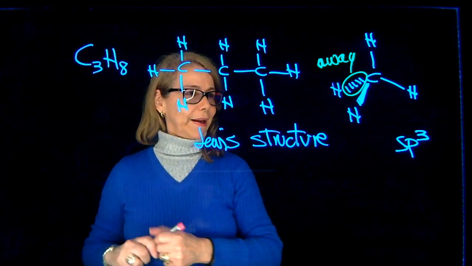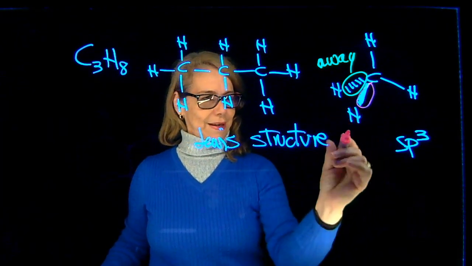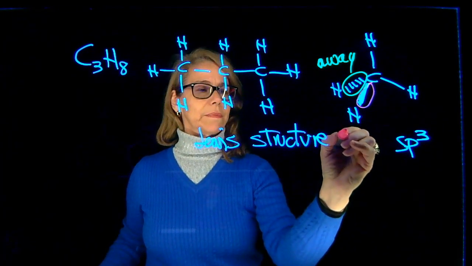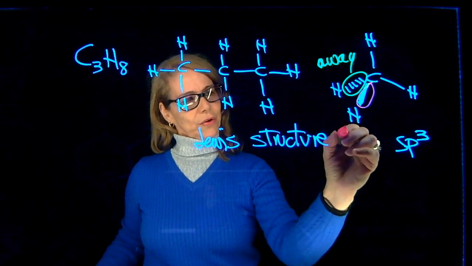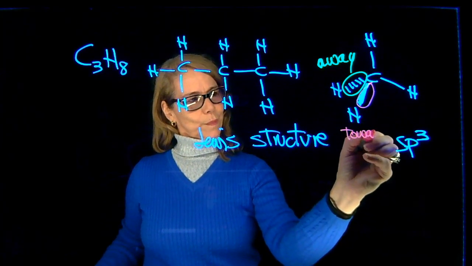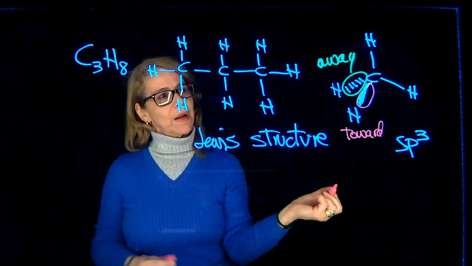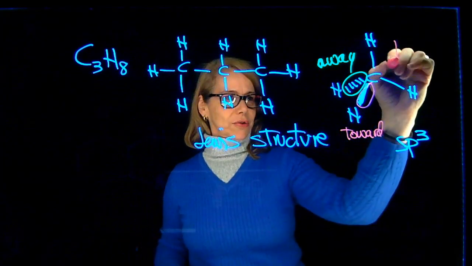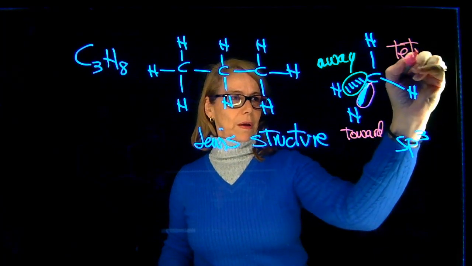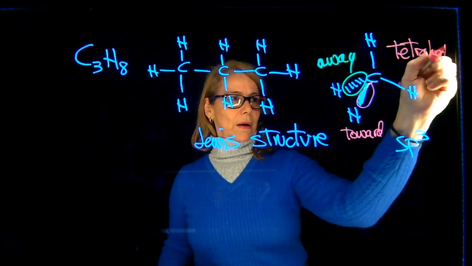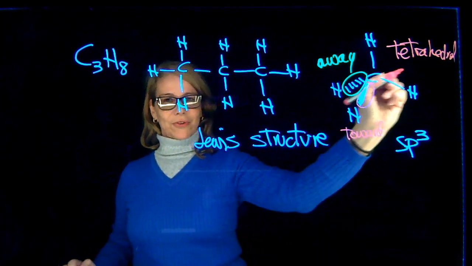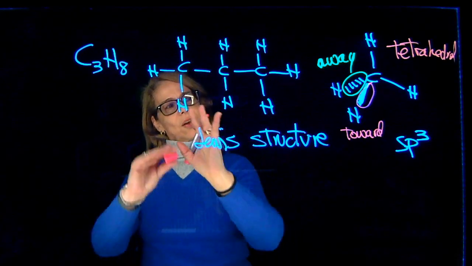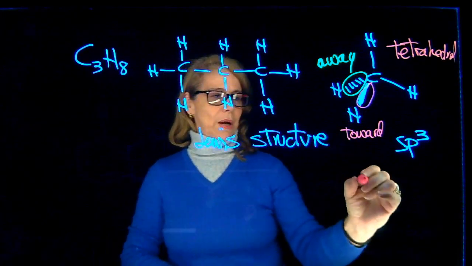Then I have the wedge, which shows something that is going toward me, toward the viewer. And these 2 bonds are in the plane. So this is a tetrahedral geometry right there. So that is a shape.